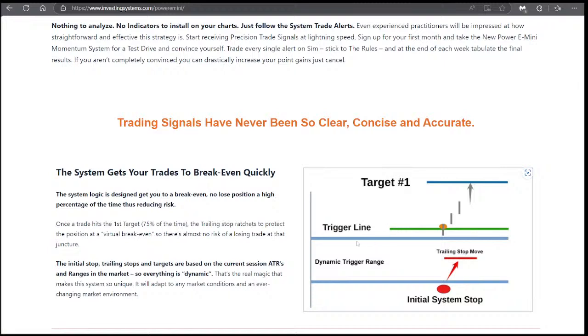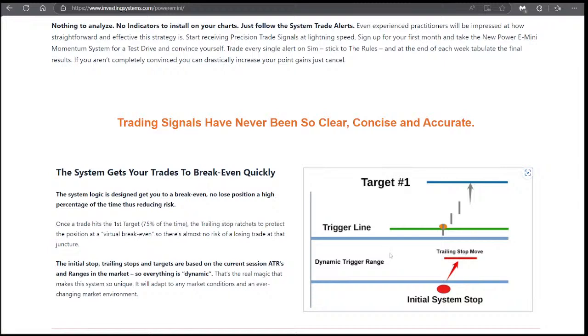This is not just a simple range break system. Basically, it is a range breakout system, but when the price breaks out of the range, it then starts looking for an optimal entry point. And not every range breakout triggers a trade too. So there's a lot of little magic things that happen behind the scenes.